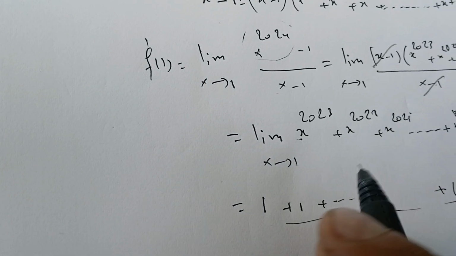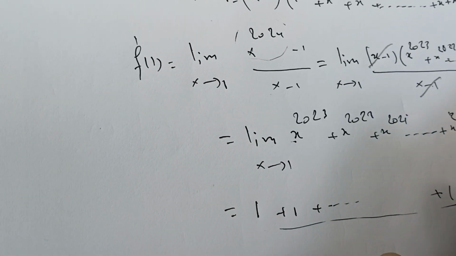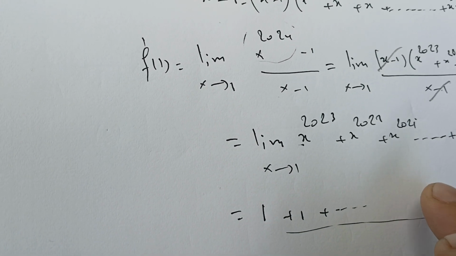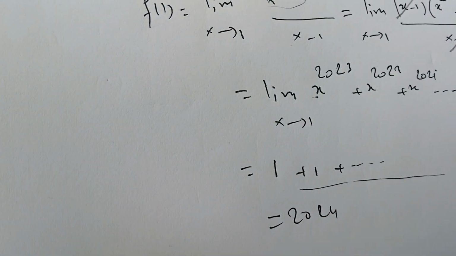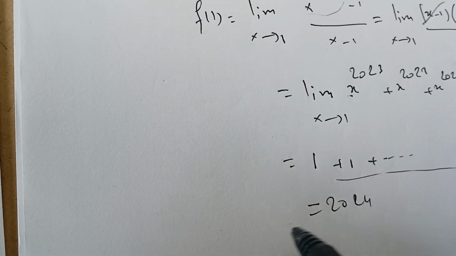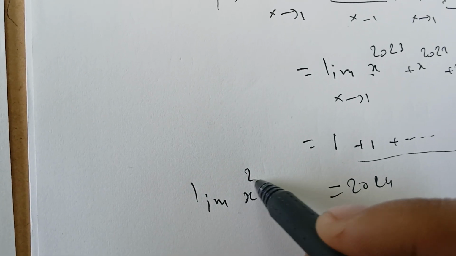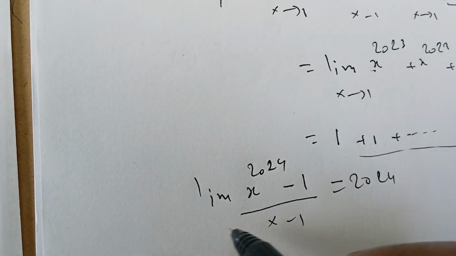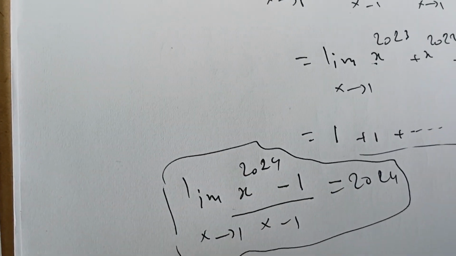That means I have 1 23 times, plus the last one. That makes this one 24 times. So this is 24. Okay, so both ways I get the limit of x to the power 2024 minus 1 over x minus 1 as x goes to 1 is 2024.